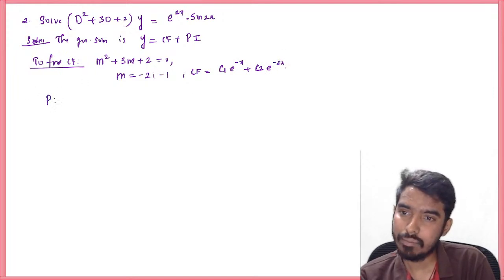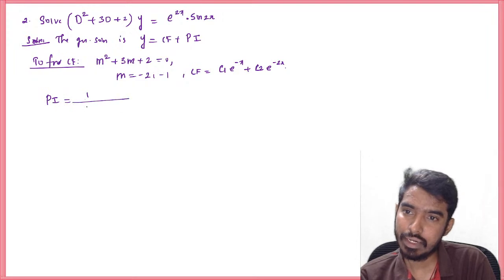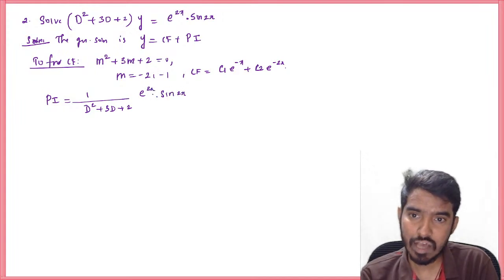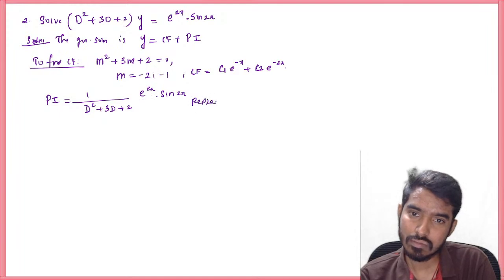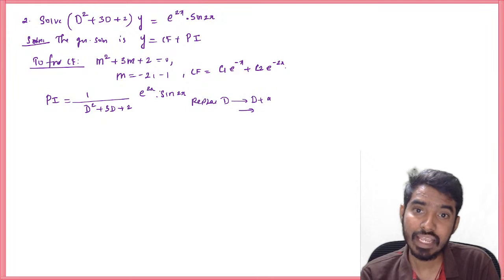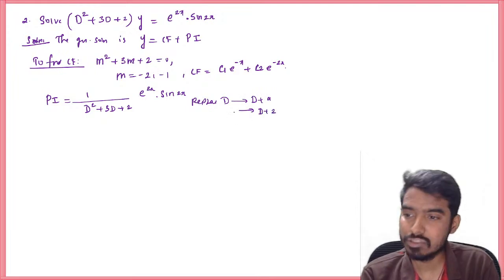Now find PI. So PI is 1 divided by D square plus 3D plus 2 of e power 2x sine 2x, right? So what is the work of this? Replace D by D plus a. So here e power ax, so replace D by D plus 2, right?